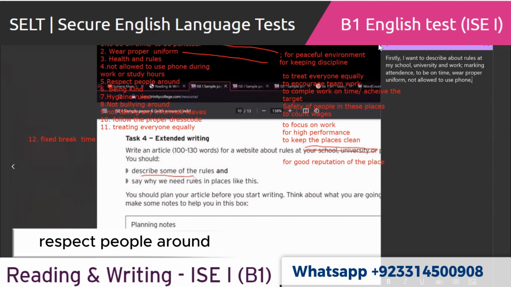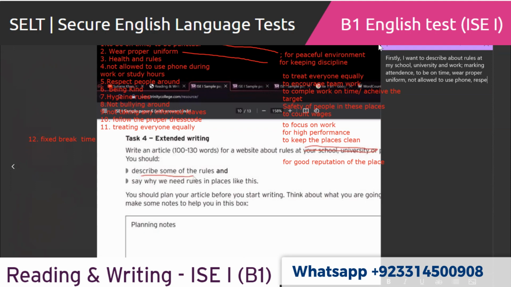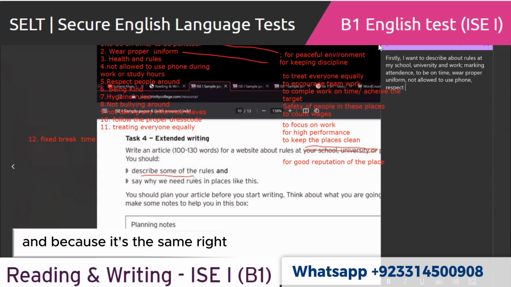Respect and be kind to people around. Respect or be kind is the same, right? To people, and to be kind.